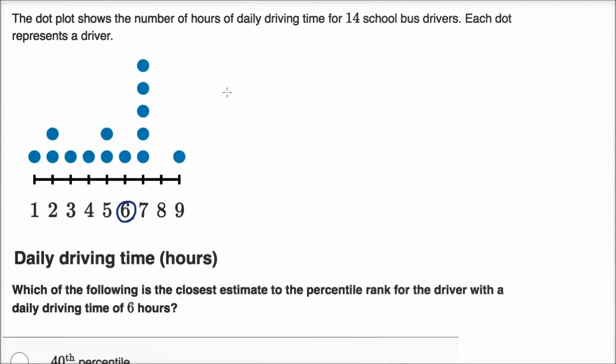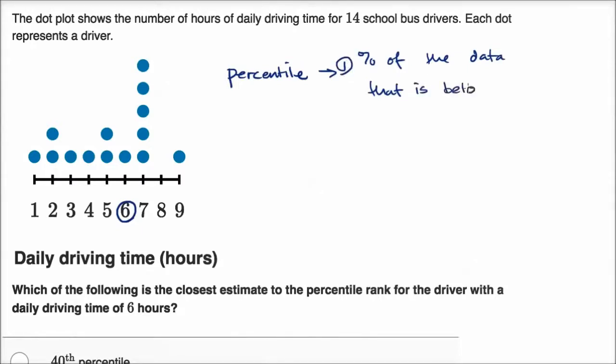So when you think about percentile, we're really saying the percentage of the data that, and there's actually two ways that you could compute it. One is the percentage of the data that is below the amount in question.